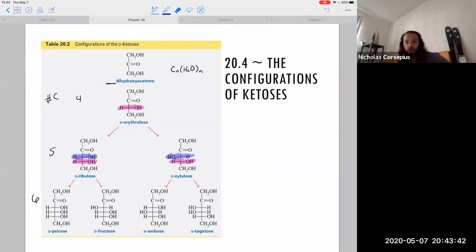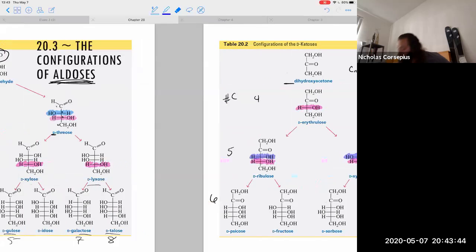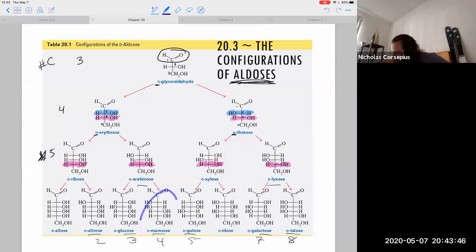So if you're trying to practice your Haworth structures, just pick one and convert it to that Haworth structure. This is an easy thing that you can practice. The Google machine works great for verifying that you have it correct. But yeah, if you are looking to do some practice for drawing these sort of things, just pick a random sugar and see if you can get it into its correct Haworth structure.